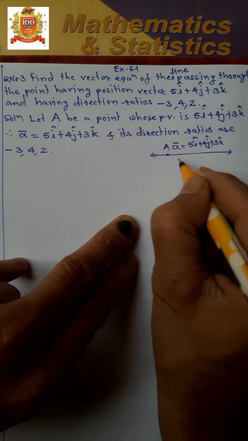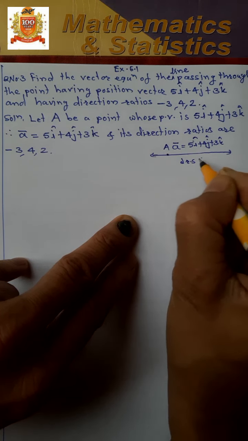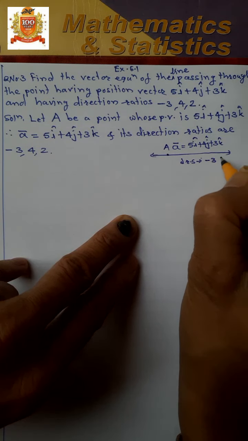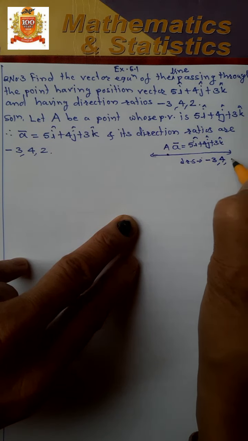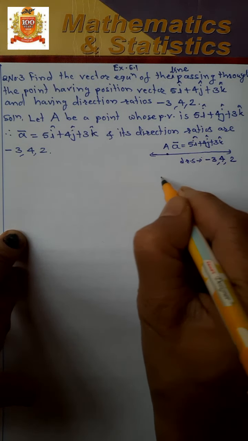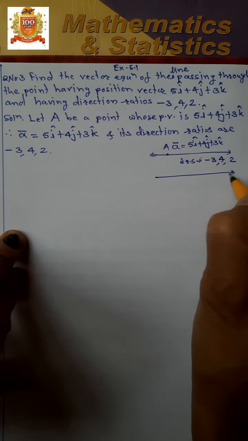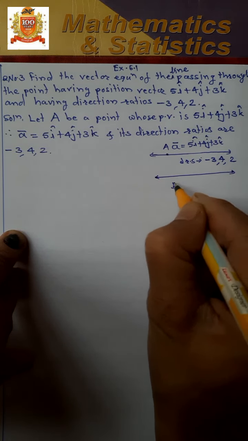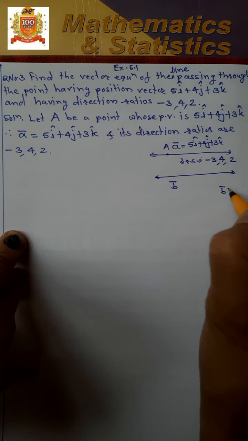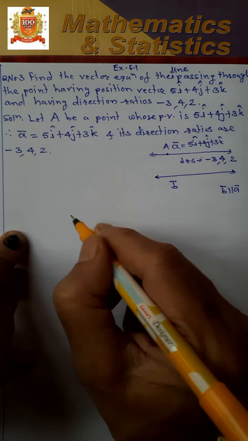And the direction ratios, DRs, of the vector are given as minus 3, 4, 2. Let B bar be another vector which is parallel to A bar.